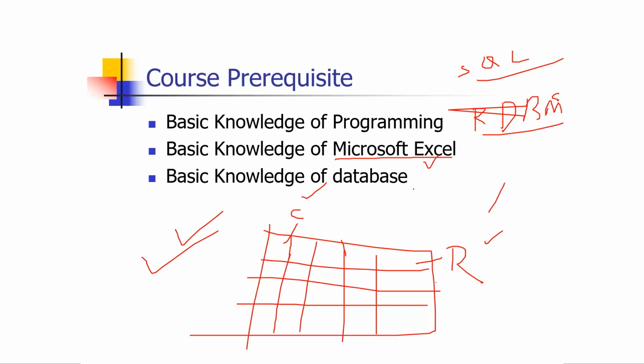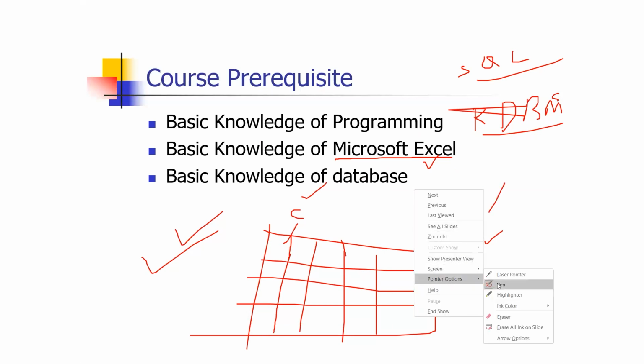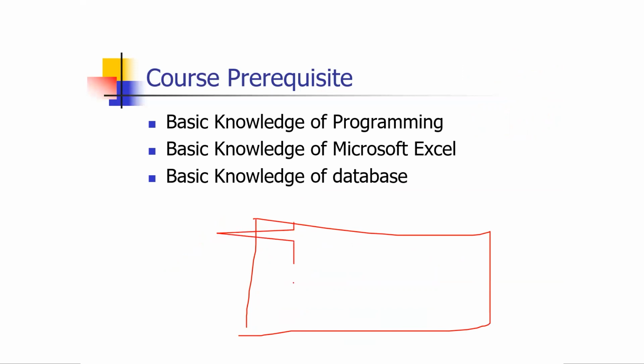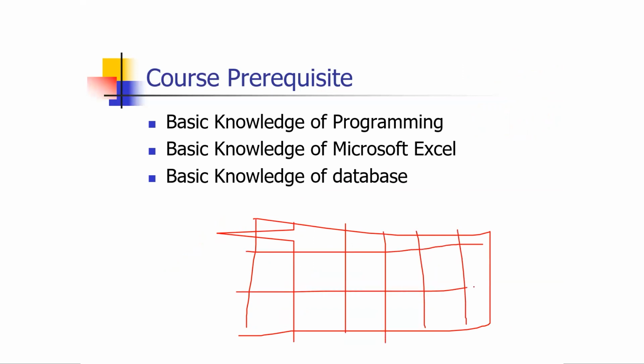How to create a table? Suppose you have to create a table of students. For a student table, what parameters are there, what is the header, what is the title of a particular column? For that you need student ID, student name, student age.